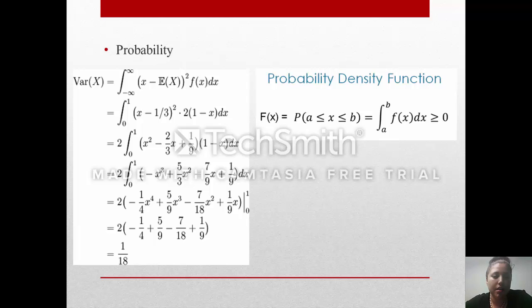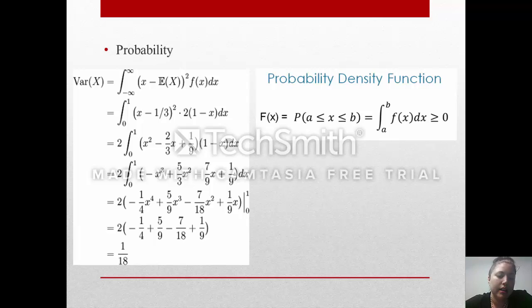One of the last applications would be probability, or in stats. We use integrals to find the variance, and we use integrals to find probability. Finding the variance of x, we get the integral from negative infinity to positive infinity of x minus the expected value of x, quantity squared, times f of x dx.